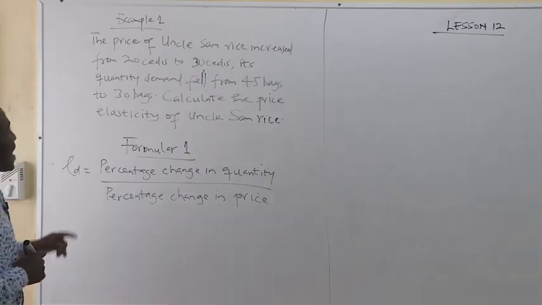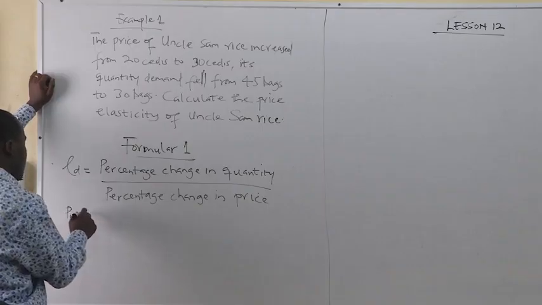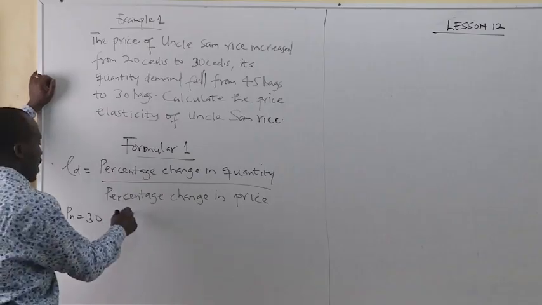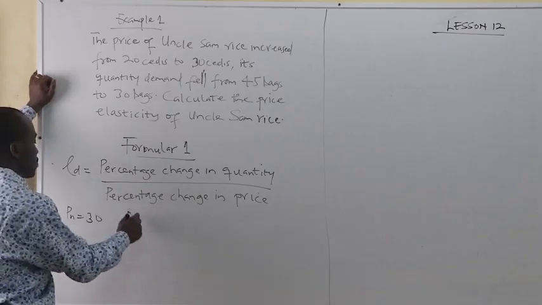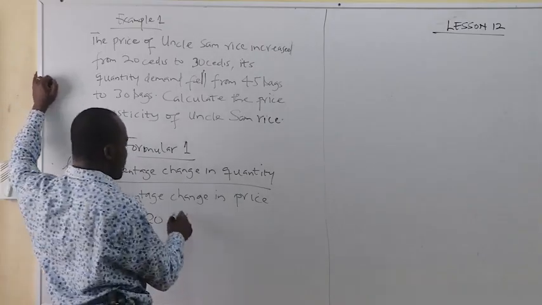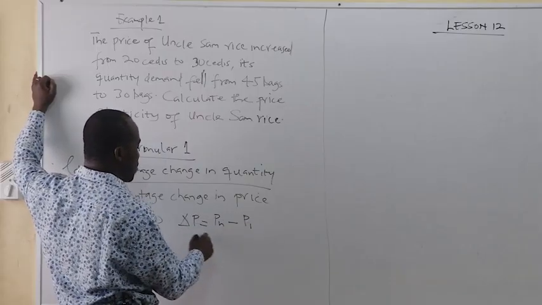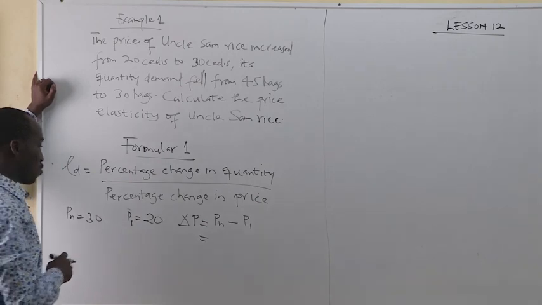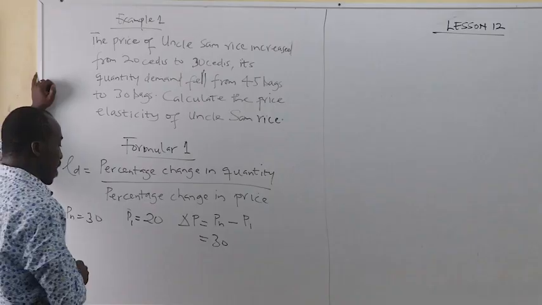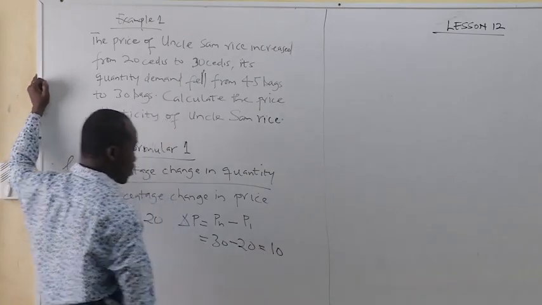First, what is the new price? The new price is 30. What is the initial price? The initial price is 20. What is the change in price? Change in price is equal to the new price minus the initial price. What's the new price? 30. What's the initial price? 20. What's the difference? The difference is 10.